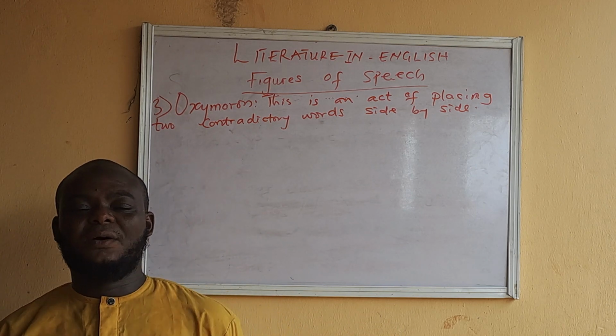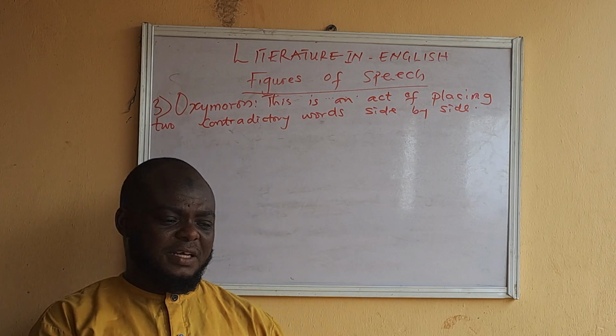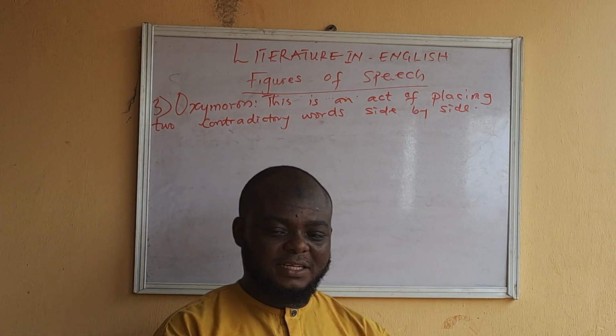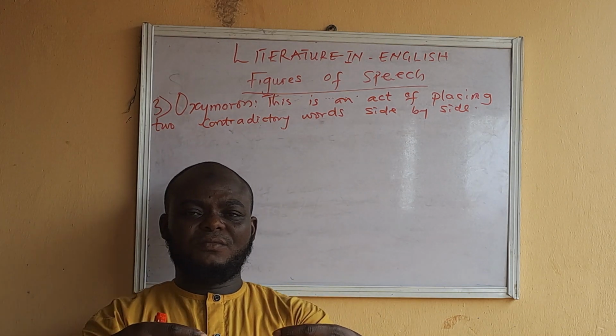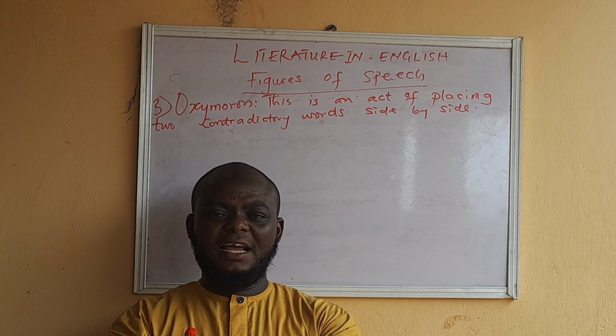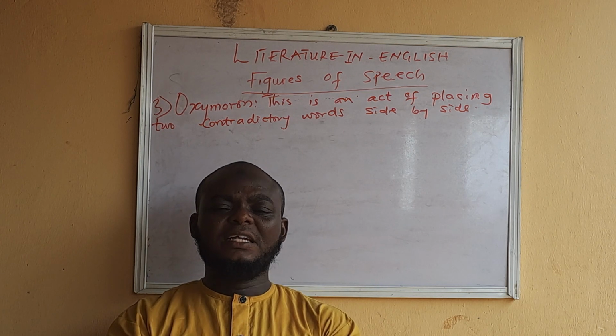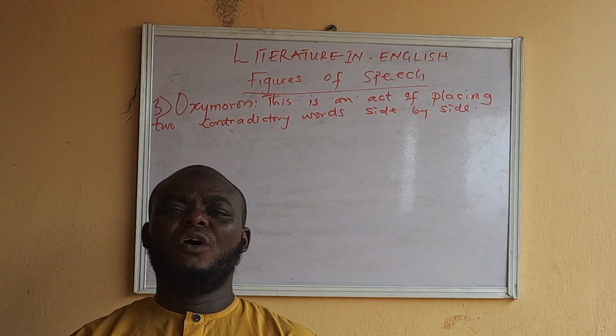Let's take for instance, you are taking a good thing and a bad thing, and you are now placing them beside each other in a line of poetry or in any work of art. It can even be in prose or whatsoever. Then that is when we have oxymoron.